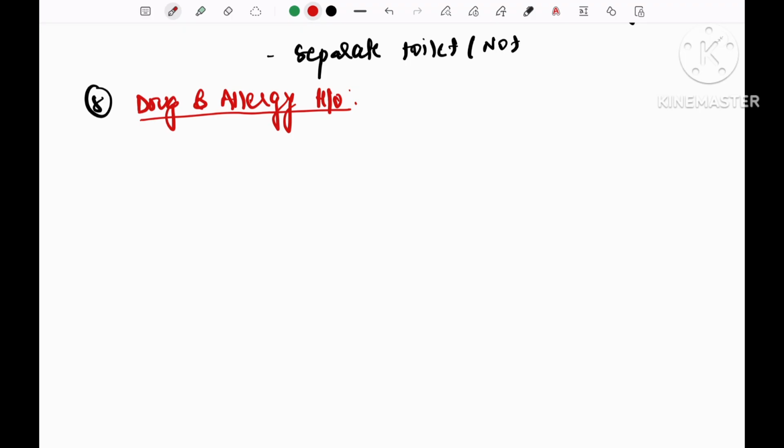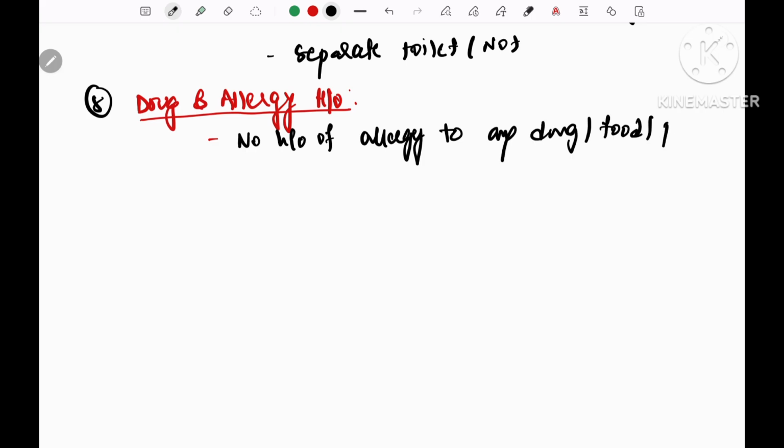When presenting, we say there is no history of allergy to any drug, food or pollen grains till date. We have to mention till date.